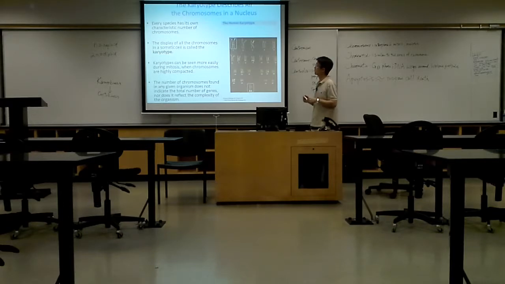Karyotype means that we are able to classify chromosomes in pairs. So we have 23 pairs of chromosomes. Each pair of chromosomes looks very different from the others, in terms of the length and also the shape. So the display of all chromosomes in the somatic cell is called karyotype.